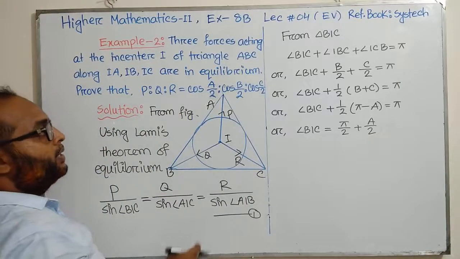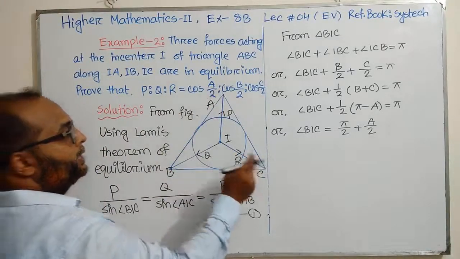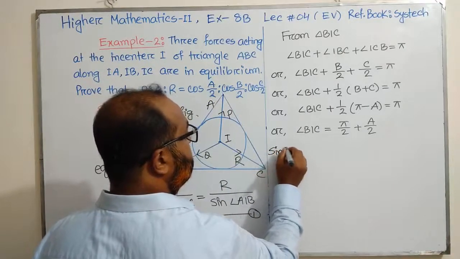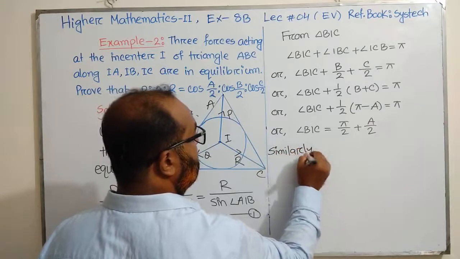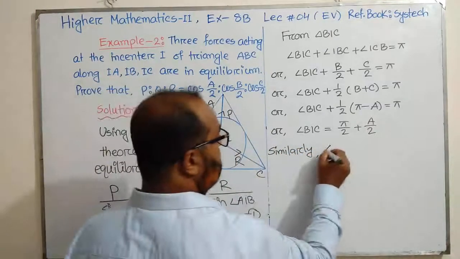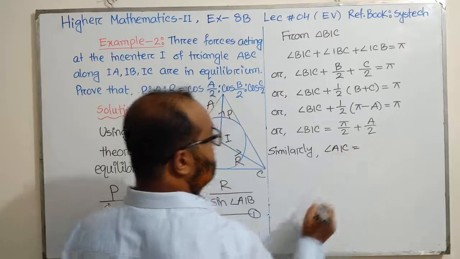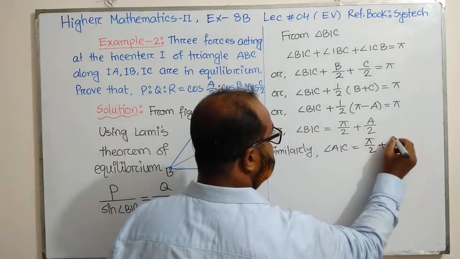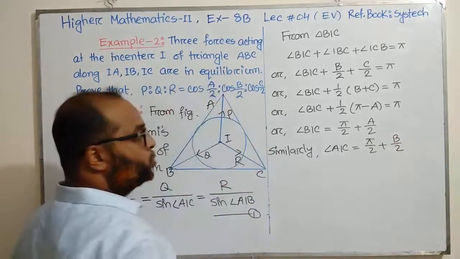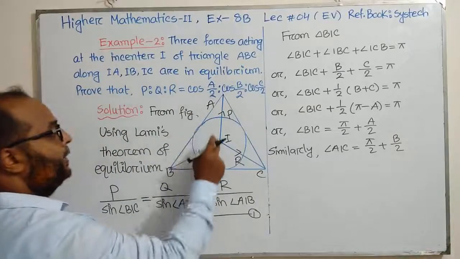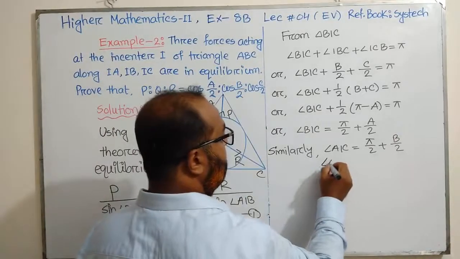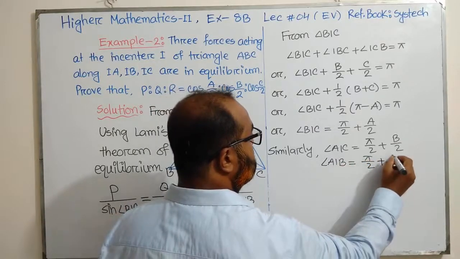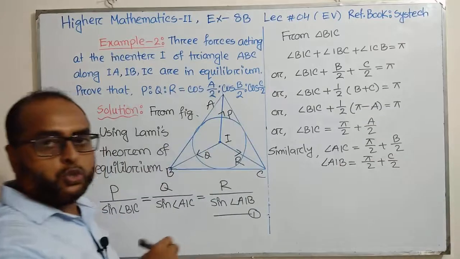Similarly, from triangle AIC we can write angle AIC equals pi by 2 plus angle B by 2, and from triangle AIB we can write angle AIB equals pi by 2 plus angle C by 2.